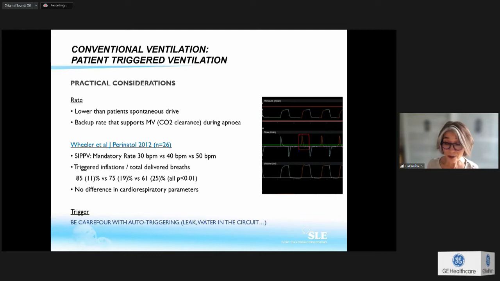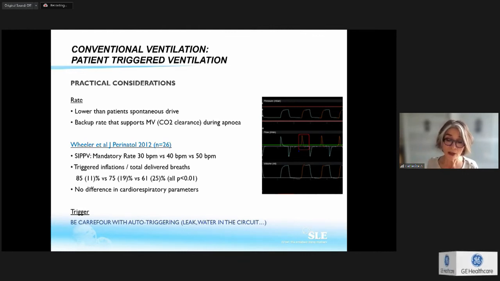Why? Because once a patient is taking a spontaneous breath, it keeps training his muscle, his diaphragm. So there is no immobilization of your diaphragm, it keeps working and keeps the strength of the diaphragm for the breath. And at the same time, we know that whenever we push a controlled breath, the gas will go more to the non-dependent part of the lung, whereas when we have a spontaneous breath, the distribution of the gas inside the lung is more even.